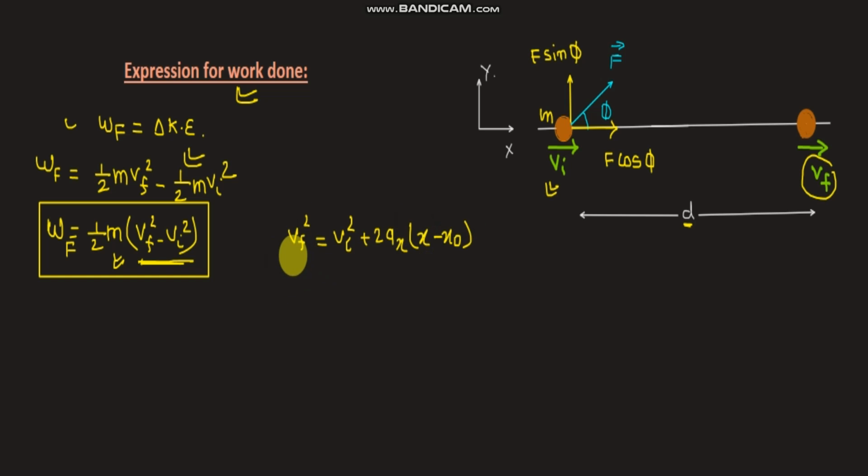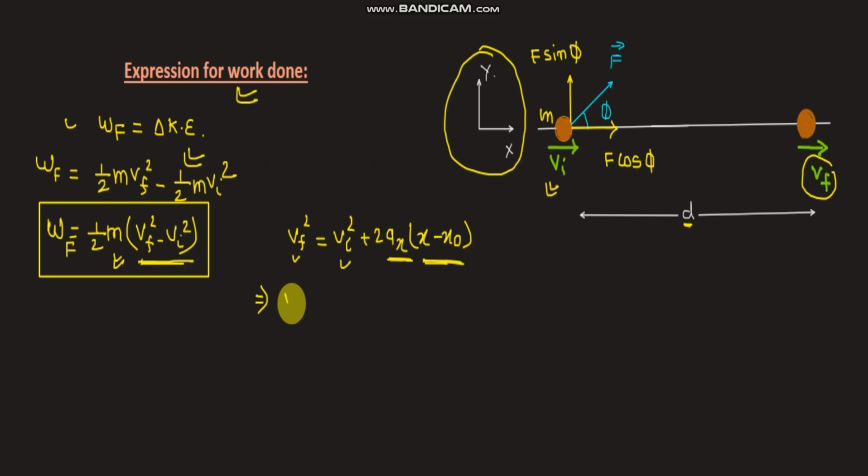Here a_x is the acceleration of the ball in x direction, and x minus x naught is the displacement of this ball in x direction. We have already considered the coordinates in this way, that the path of movement of this spherical ball is the x-axis.